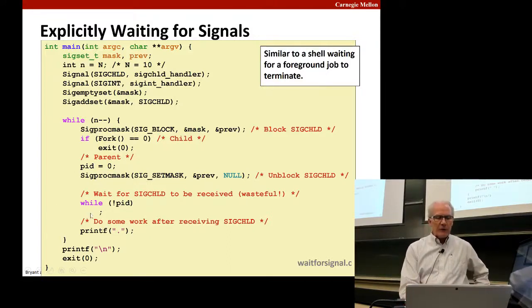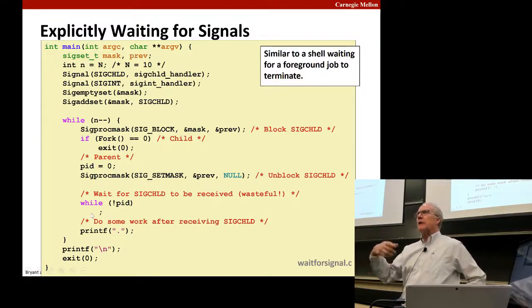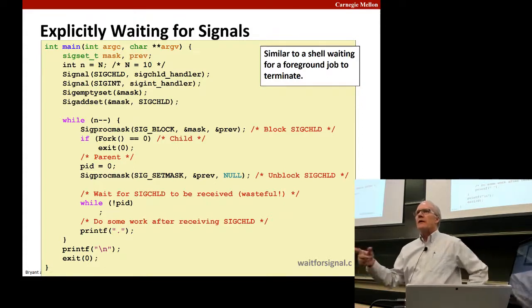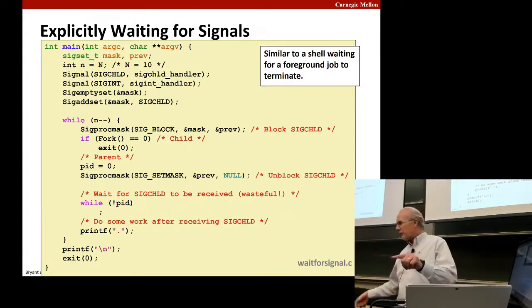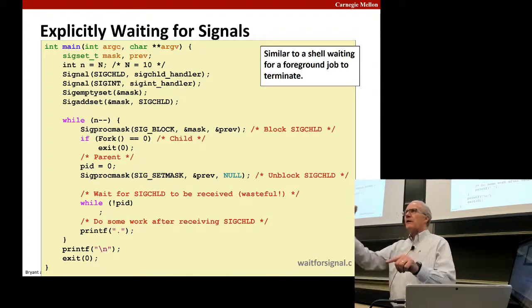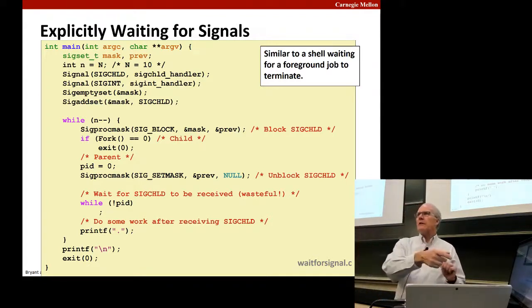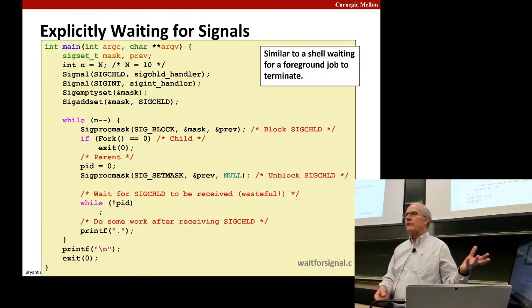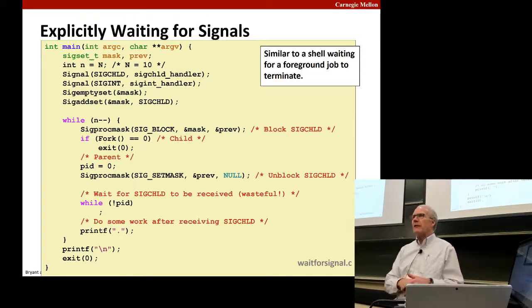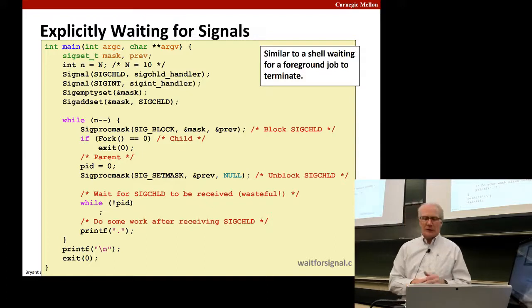So basically what this program is doing is in what looks like an infinite loop, except lo and behold, eventually this child will complete, a signal will get sent, my SIGCHLD handler will be invoked, it'll set pid to something non-zero, and I'll be able to exit this loop. So this is a perfectly functioning code. It's just considered really, really bad form to busy wait.